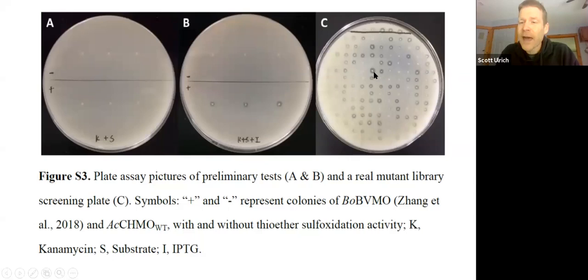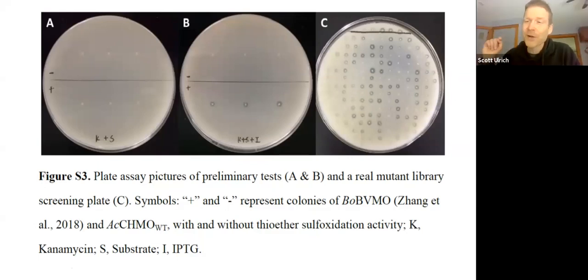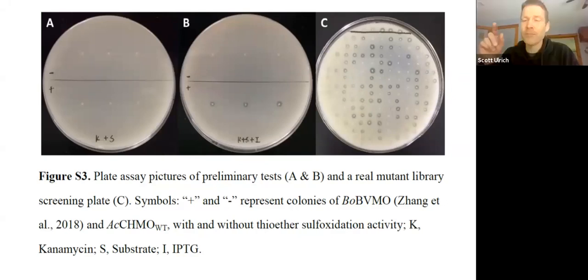That means that bacterial colony has a version of the enzyme that can solubilize the omeprazole sulfide, presumably by converting it to the sulfoxide. So that colony is of interest, and they would then pick that bacterial colony and say, you have a mutant copy that I'm interested in.